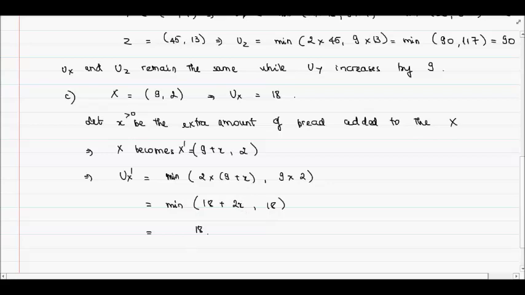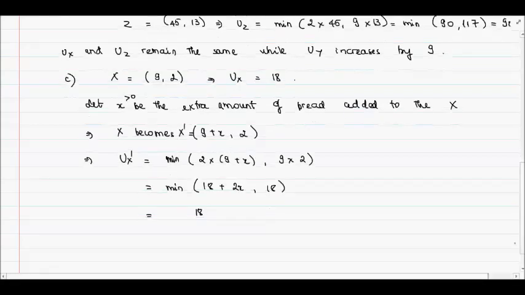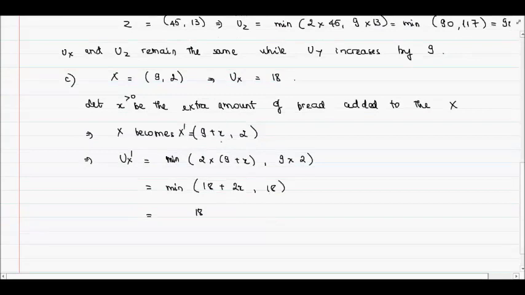So 18 plus any positive number is bigger than 18, and the minimum is going to be 18. It doesn't matter how much more bread you add to the consumption bundle, it doesn't change the utility level. The utility level of the new bundle is exactly the same as the utility of the original bundle, no matter how much x you add.